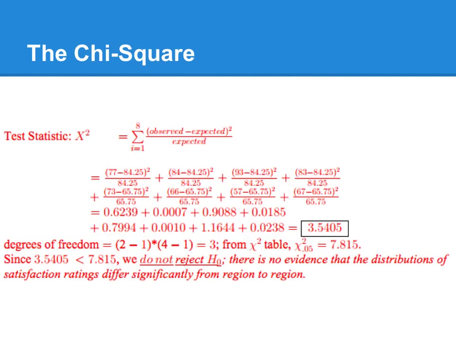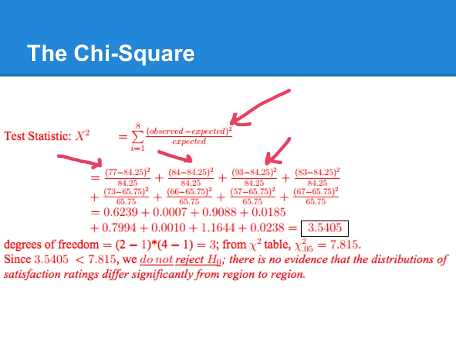On this slide, we see all of the work that you could be doing for our chi-squared statistic. This is our formula for chi-square. We take the first box: 77 minus 84.25 squared over 84.25, plus the next box: 84 minus 84.25 squared over 84.25, and the next box, and so on and so forth.